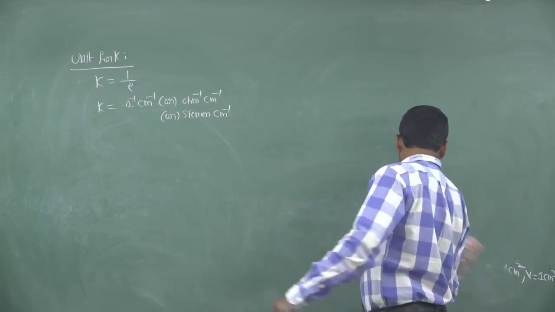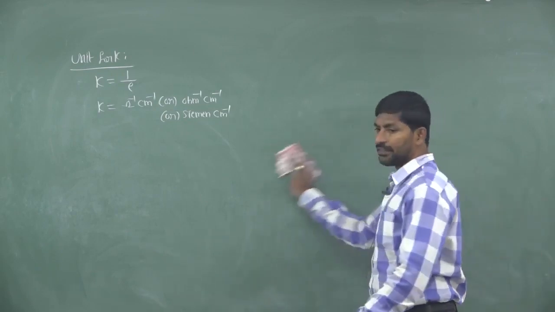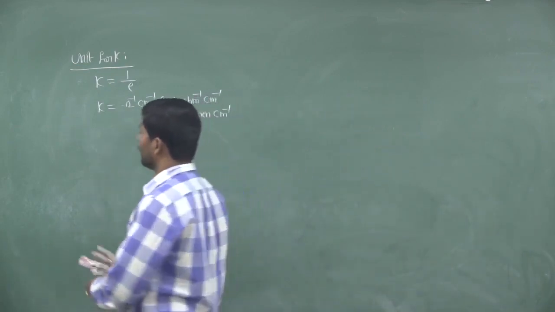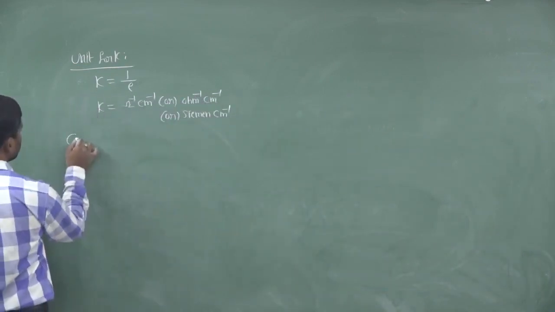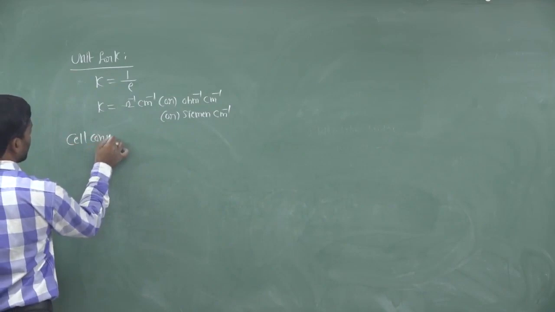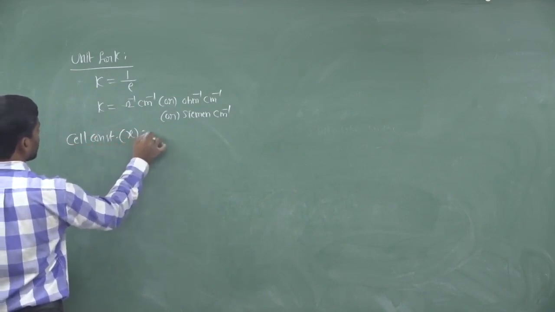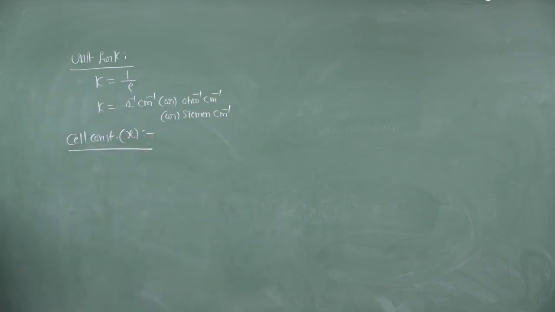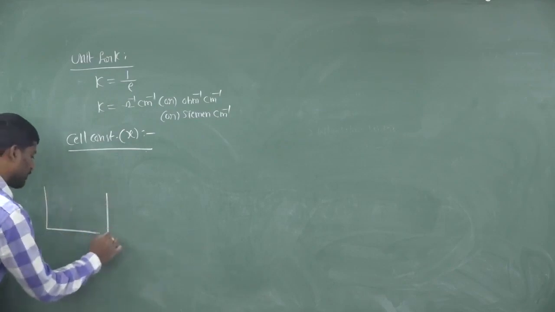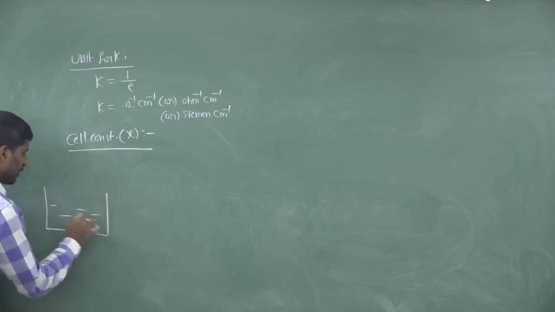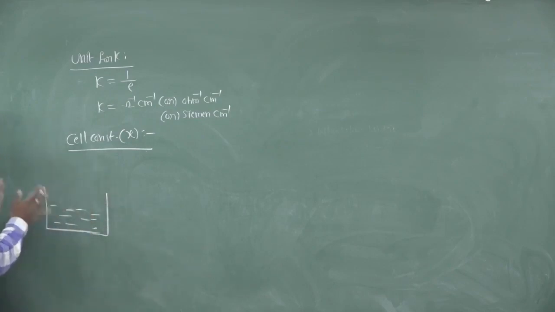So this is the concept of conductance and resistance. Next one, cell constant, a small concept, cell constant X. So we have a solution and we want to measure its conductance.